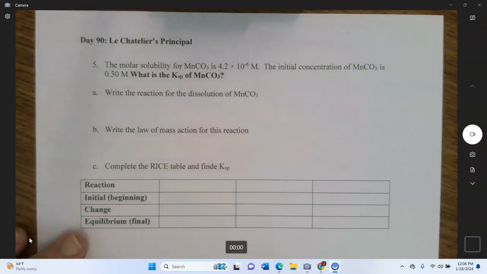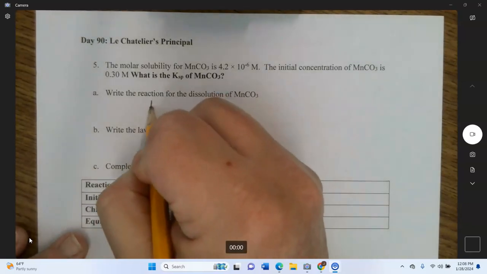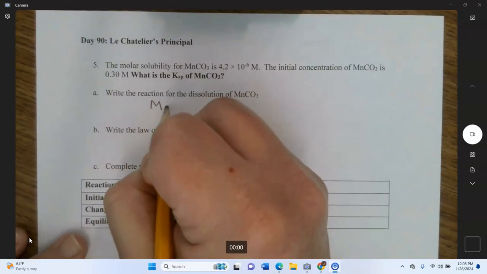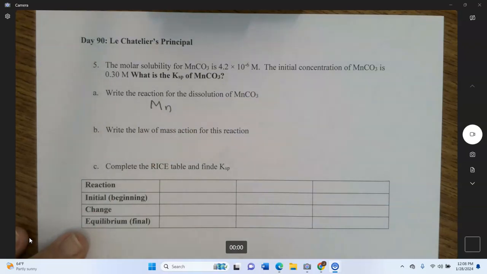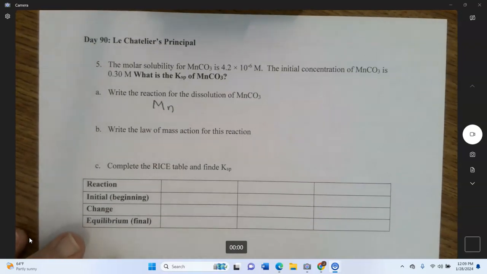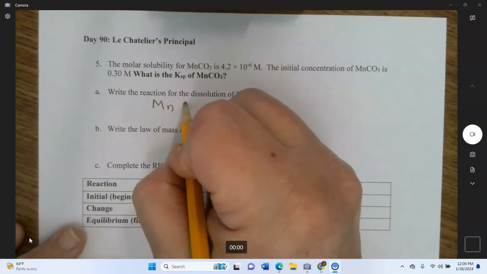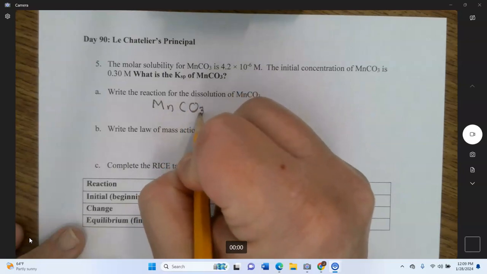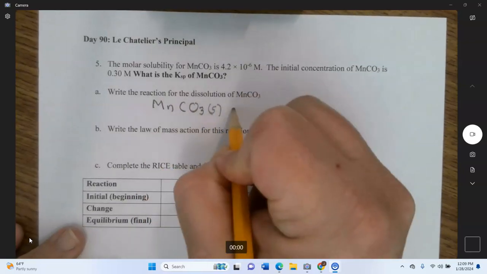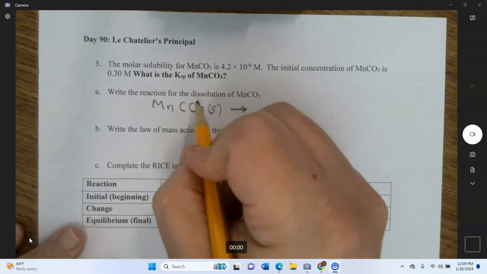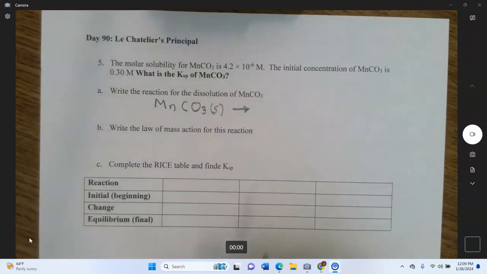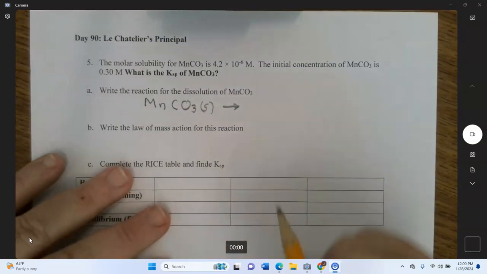Okay, so it says first write the reaction. So you go to your charge number by ion sheet and you find out there's two different charges for manganese. Carbonate is always a 2-. You get that from your 60 common ions.